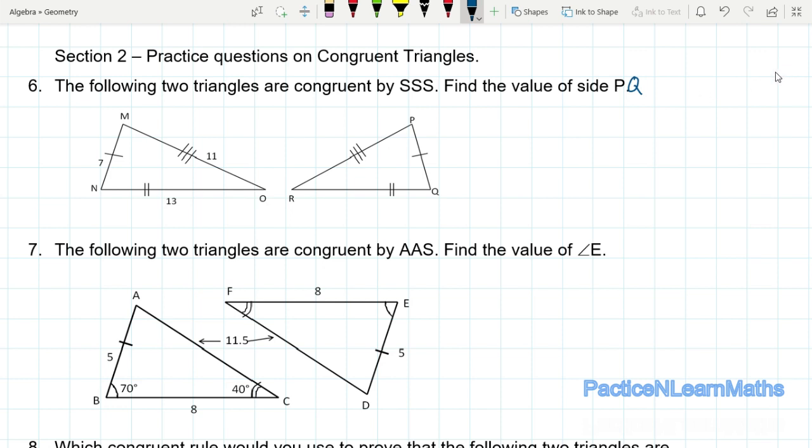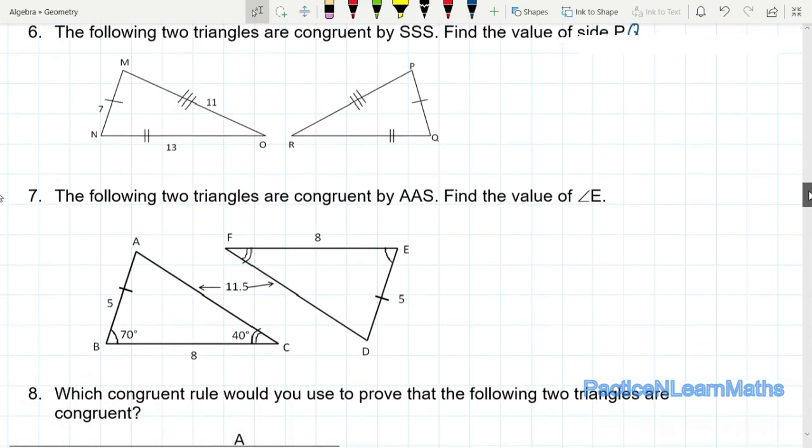You keep a count of the number of correct answers. You should not take more than 30 minutes to solve these questions. So here comes the questions. You can go through them and pause the video and then solve them.